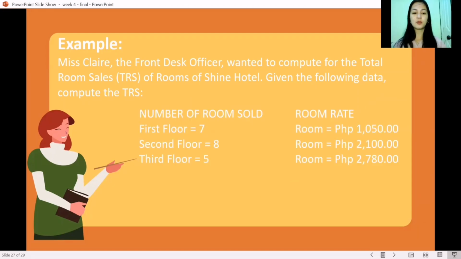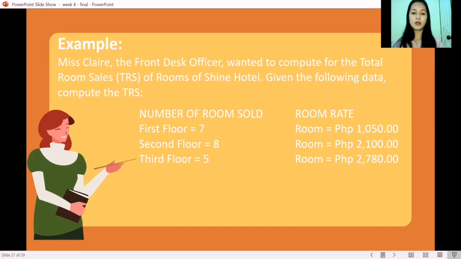The number of rooms sold in the first floor, they sold 7 rooms with a rate of 1,050, and in second floor, they sold 8 rooms with a rate of 2,100, while in third floor, they sold 5 rooms with a rate of 2,780 pesos. Now let us compute the total room sales of all the rooms in first, second, and third floor.